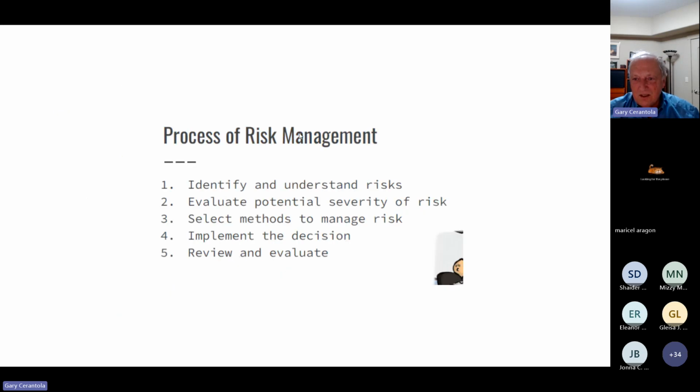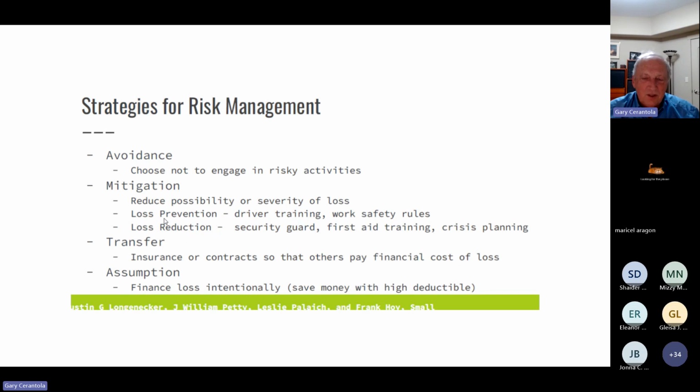So here's the process. You identify and understand those risks. You evaluate the potential severity. You select methods to manage it, and then you implement the decision and you review and evaluate. But here's the types, I mean, the strategies for that. You avoid it. You say, you know what, this part of the business is so risky, we're not going to produce these kind of products anymore.